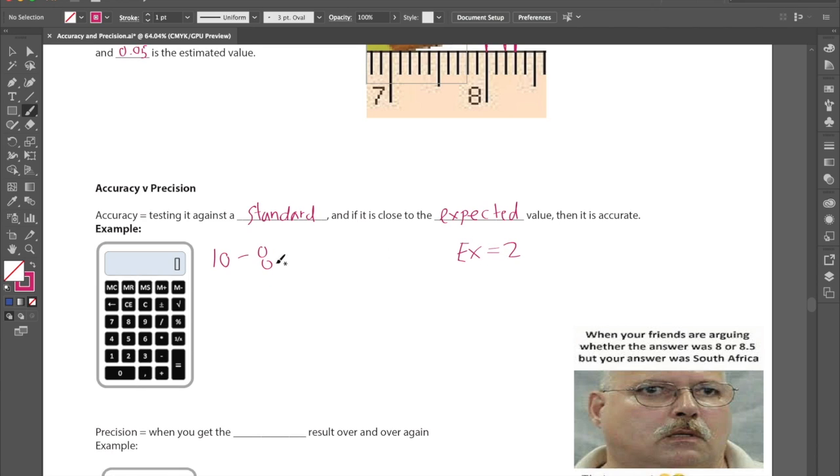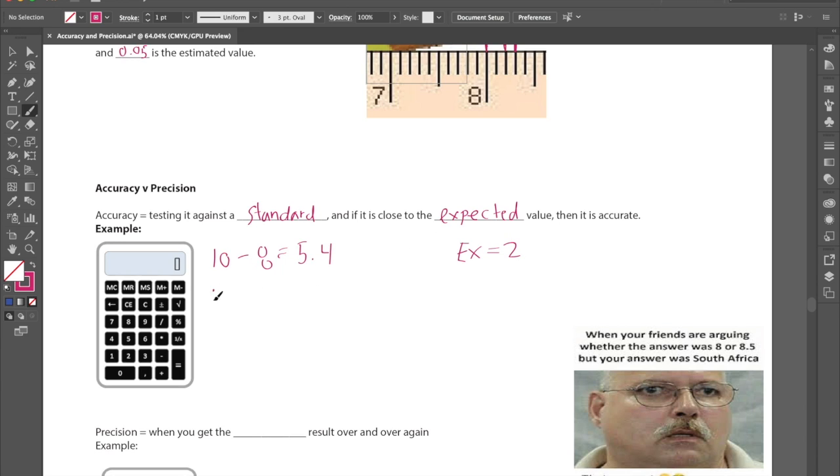Let's say you plug it into your calculator, 10 minus 8, and for some weird reason, it comes up with 5.4. So you wouldn't say that this calculator is very accurate, because 5.4 is far away from that expected value that you're supposed to have.